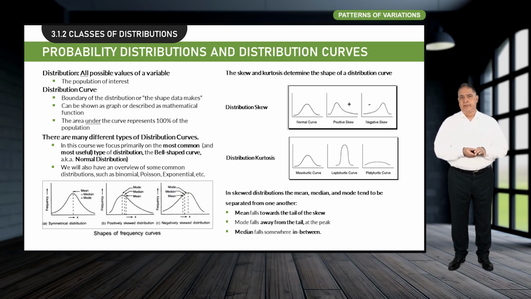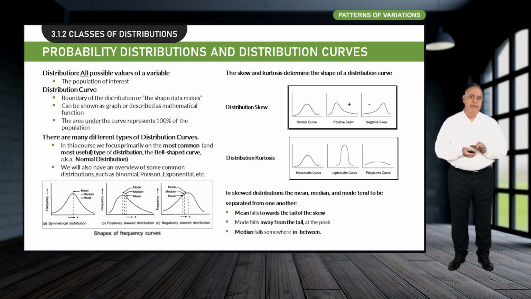Regarding kurtosis, again, normal distribution has zero kurtosis, and we have three different types of kurtosis. Platykurtic distribution curves. Platy is a Greek word for wide. So typically these types of distribution curves are flat and wide. We have the mesokurtic.